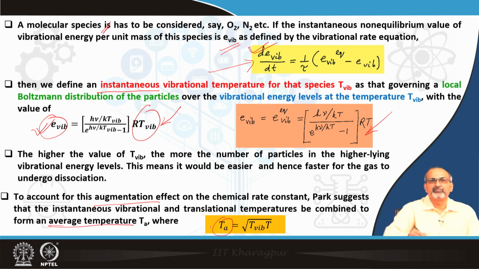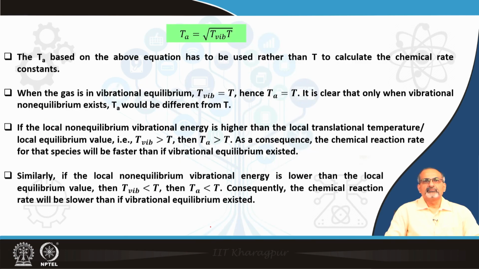So, that is how he comes up with an average temperature definition, which is based on a coupling of the translational or translational rotational temperature and the vibrational temperature, which is essentially an instantaneous non-equilibrium value, but we use the Boltzmann distribution locally to give you the kind of population distribution. So, there comes the two temperature model that we were talking about.